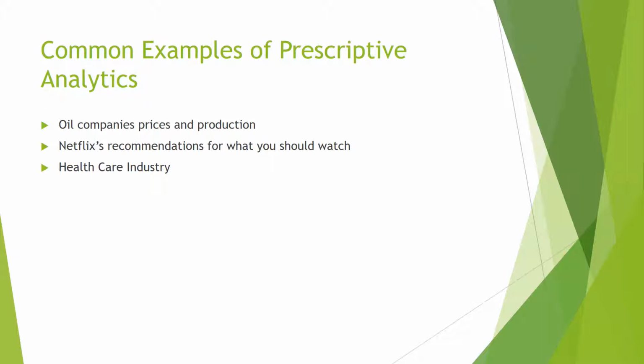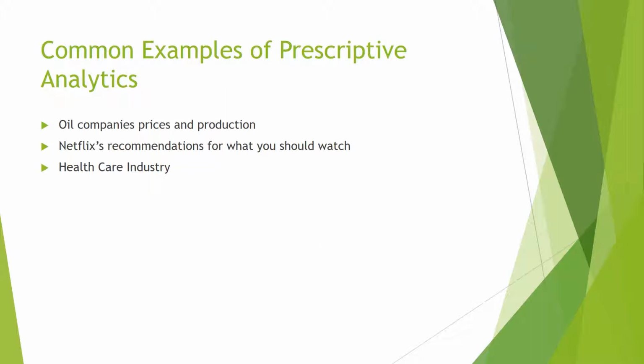Common examples of prescriptive analytics. The healthcare industry uses prescriptive models to ascertain which patients are most likely going to need extra treatment, monitoring, or are at greater risk of further or other health complications, and determine what should be done now in order to help the patient avoid such issues.